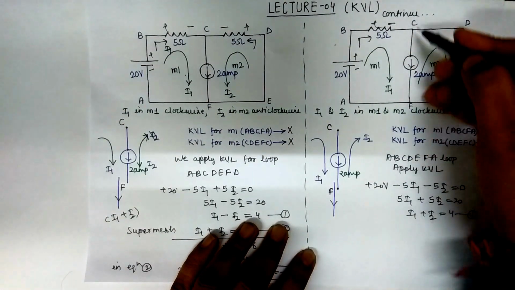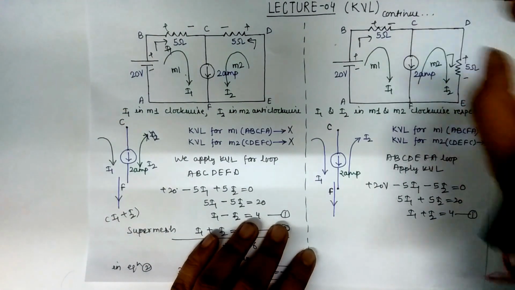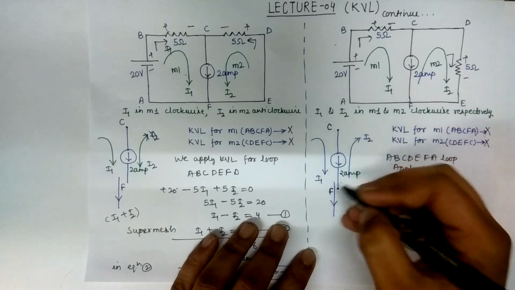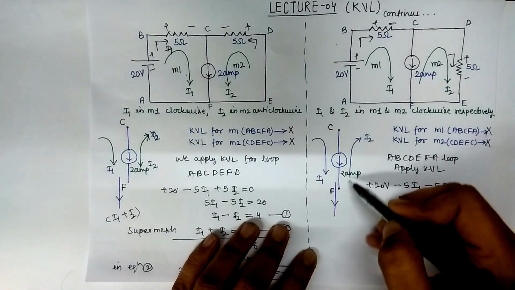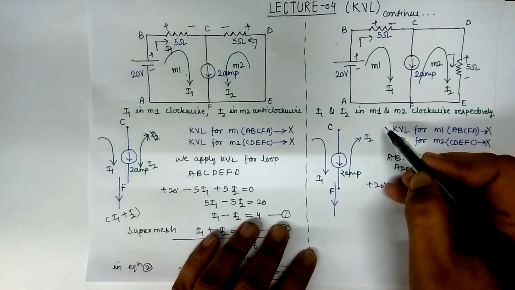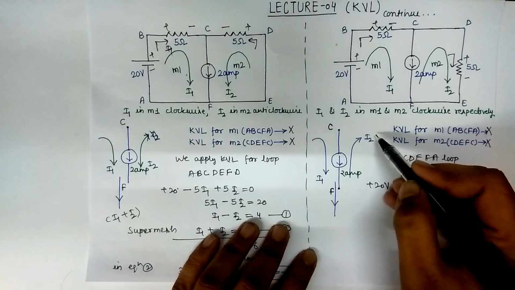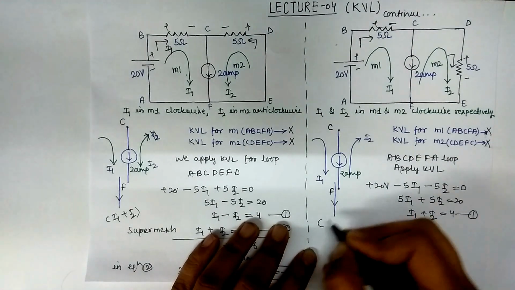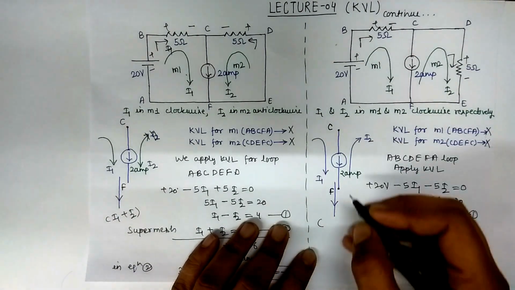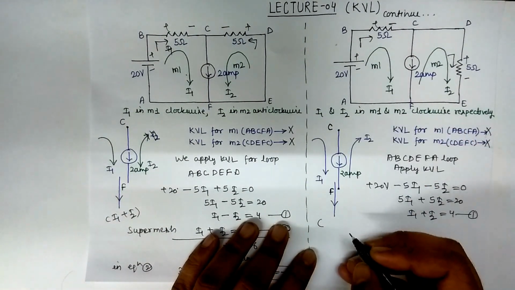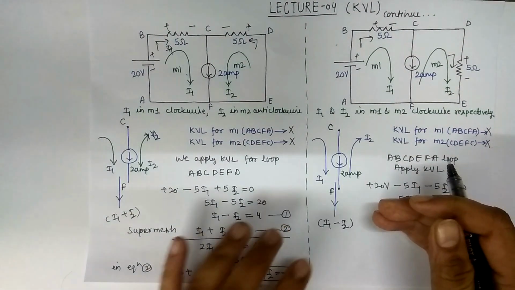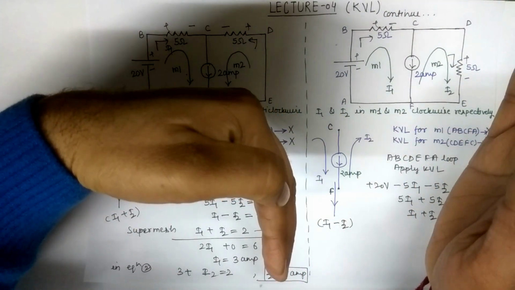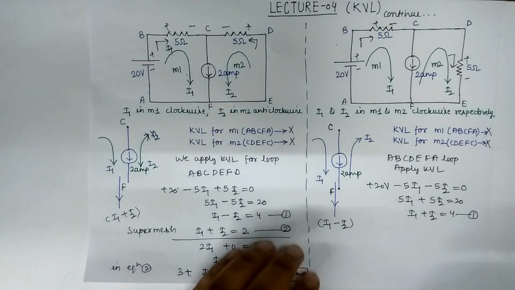Now we produce this CF section here. Current for M1 is downward and for I2 is clockwise. It is clockwise, it is anticlockwise. So the net current in the direction of C to F, meaning downward, is I1 minus I2. I1 this side, I2 is opposing this. So we say I1 minus I2.